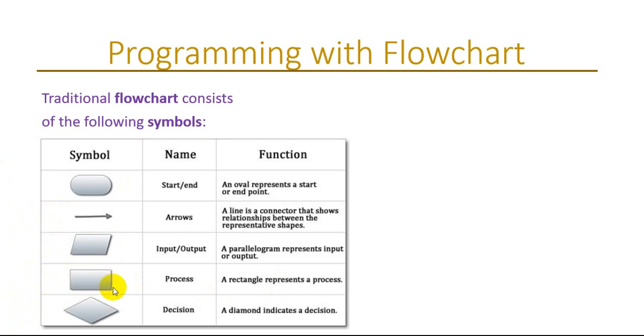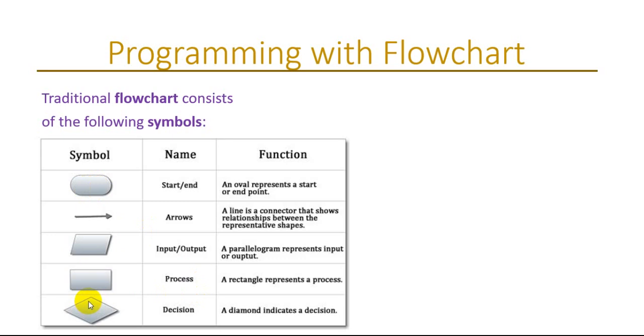This is a rectangle, as you can see, and this is not a rectangle. When you write this, it means it is either an input or output. When you write a rectangle, it means it's a process. Most of the things that you will be using will be in the process. Whenever you want to take something in or display something on the screen, you use this. To go from one place to another, you use this. Start and end, you use this.